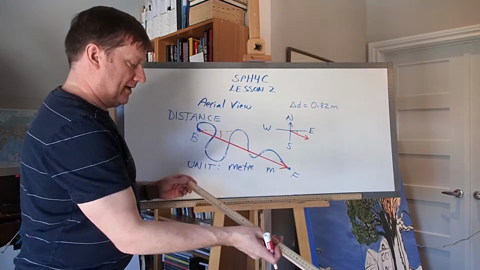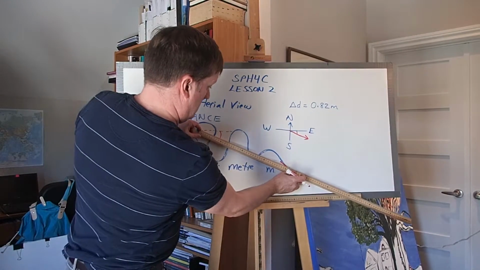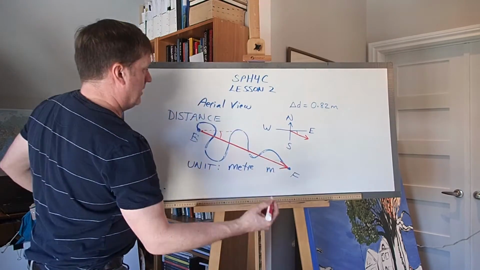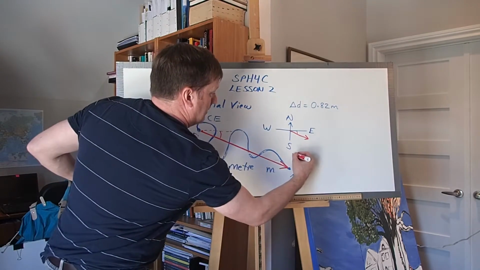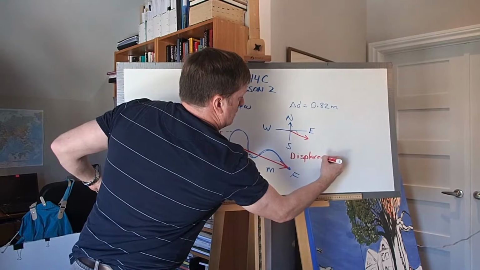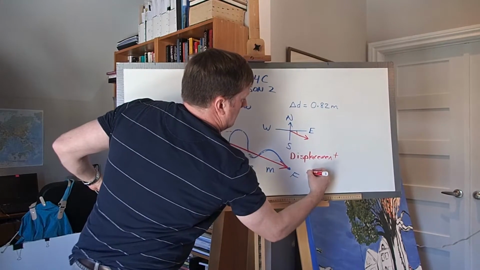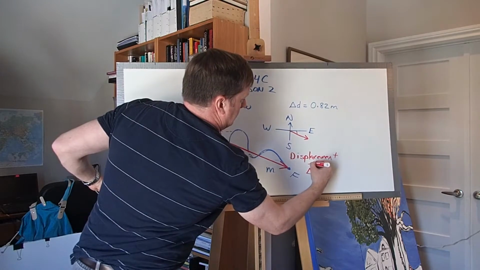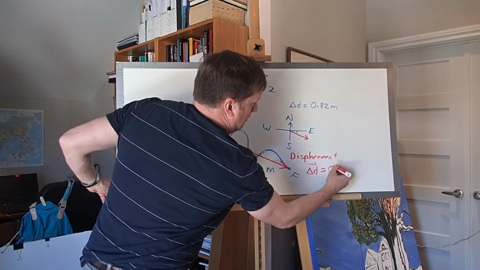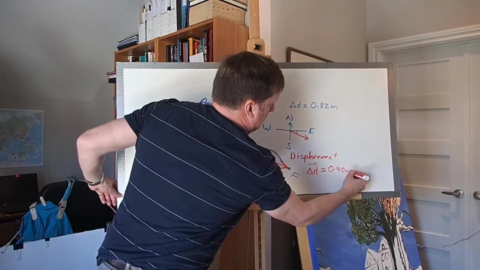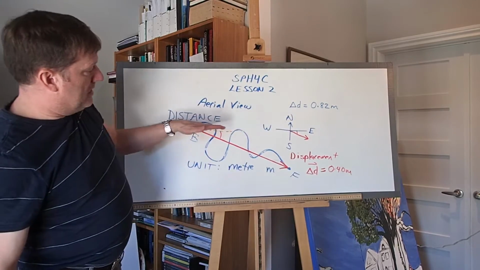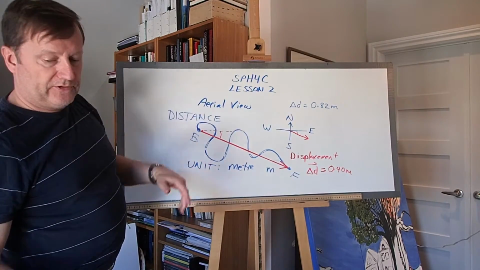I'm going to measure this length right now, and this length is 0.4 meters. So this is something called displacement. The symbol we use is a delta D with an arrow on the top for vector. And he was 0.40 meters. And now I've got to find out how many degrees from the east he was towards the south.